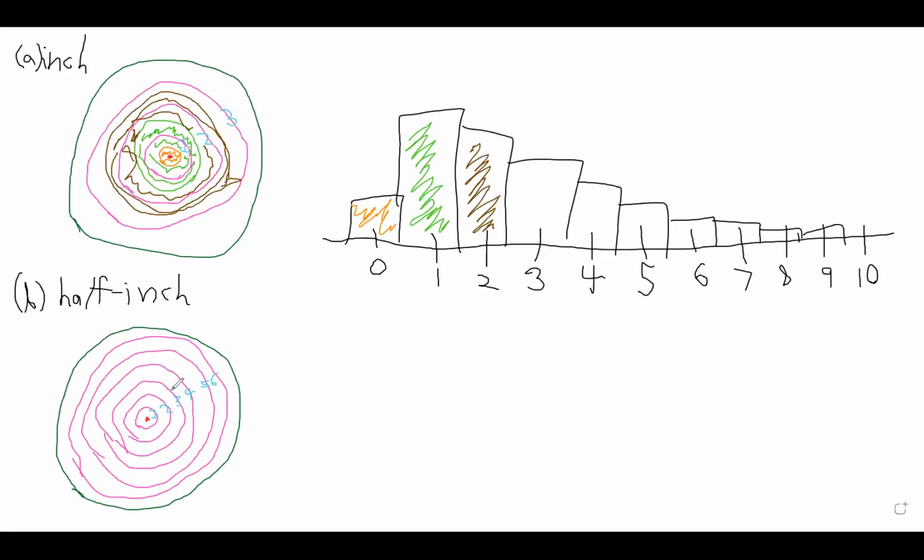And so if you hit the dartboard in a region and around, you look at the distance away from the center and you round it to the nearest half inch. Okay, so now you make a histogram for that.